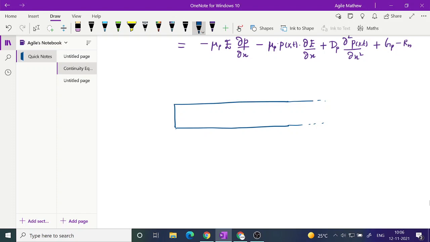And what we are going to do is that we are going to illuminate light on one side, like we saw yesterday. So if you illuminate light on this side, then there is going to be generation of carriers in this side. So remember what we did yesterday.